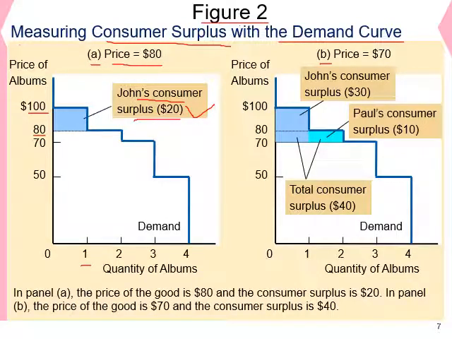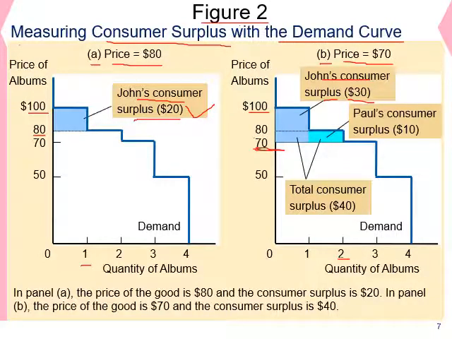In panel B, the price is at 70. So we have two buyers, and the quantity purchased will be two. John's consumer surplus is 30. You take his willingness to pay for the album, $100, minus the price actually paid, 70. So that gives you $30.